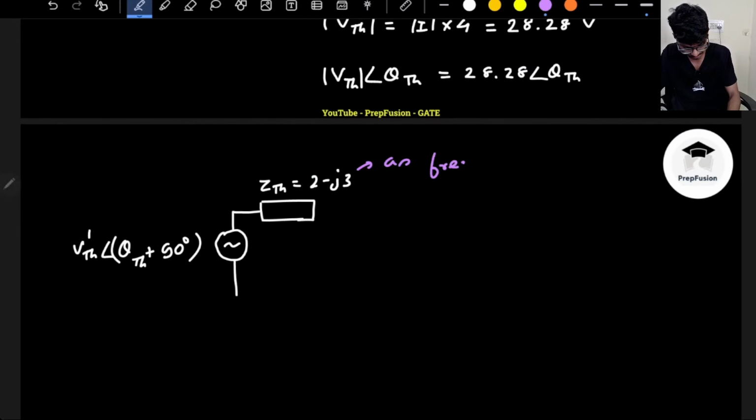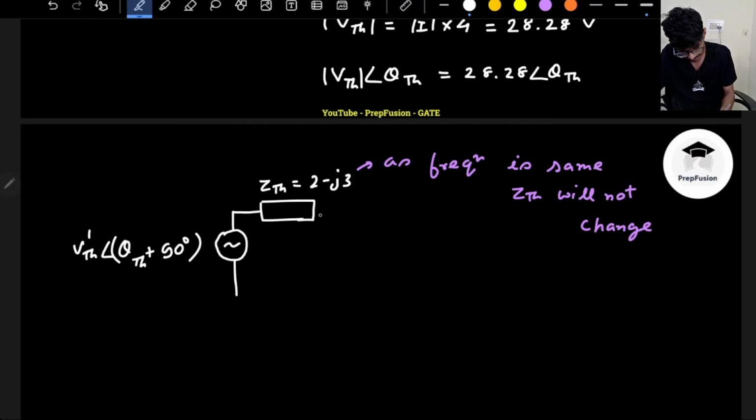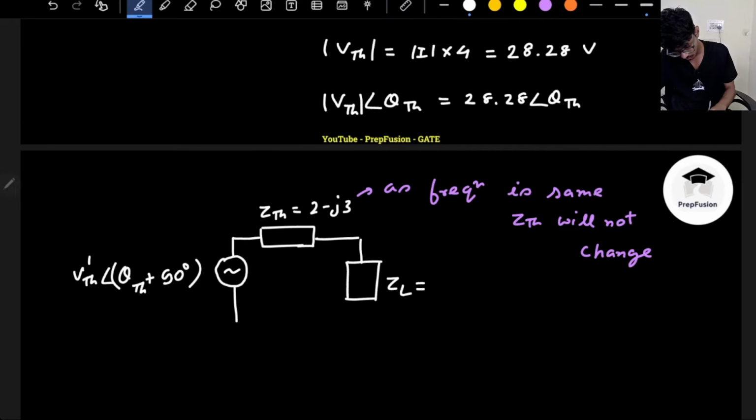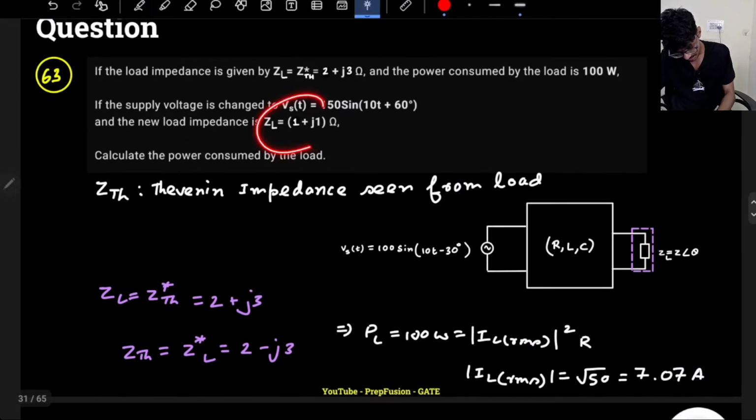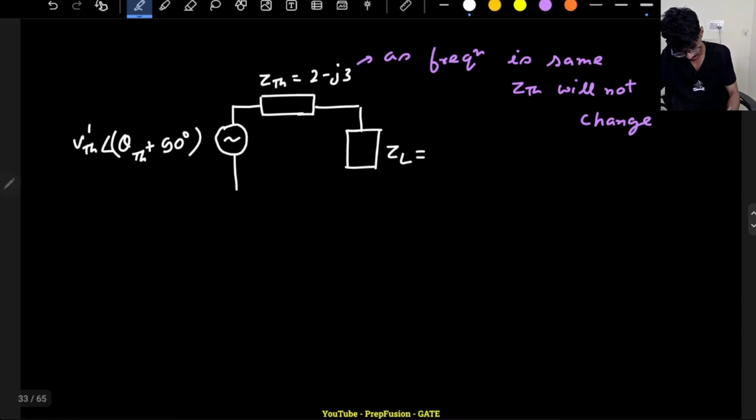As frequency is same, ZTH will not change. They have changed the load now. The load impedance ZL equals 1 plus J1.